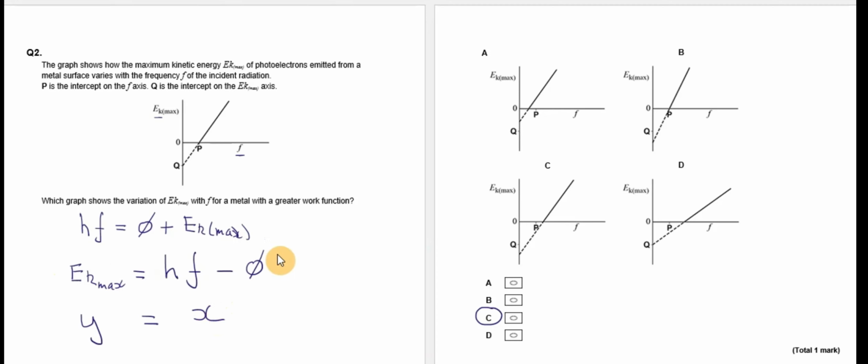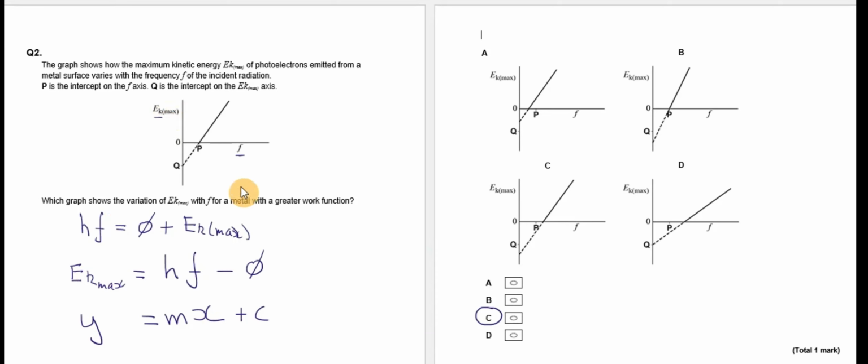So if I look at my equation here, it looks quite like the equation of a straight line. And the general equation of a straight line is y equals mx plus c. So for this particular equation, my y value is EK max, and it is on the y-axis.